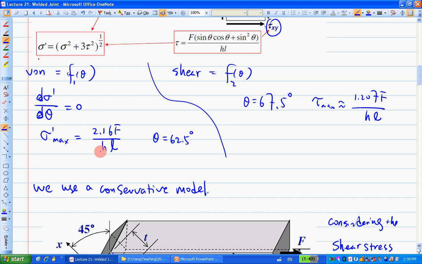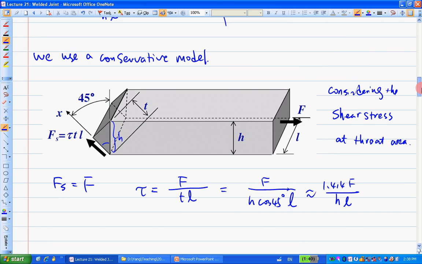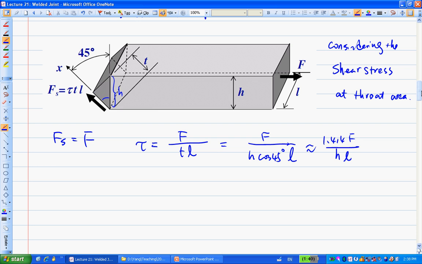The Von Mises stress at here is 2.16 F over HL. Now, if we consider this one here, here's my shear stress. So basically, you have a stress element which has only shear stress on it, right? Then what's the corresponding Von Mises stress? It's going to be √3 times the tau, right?